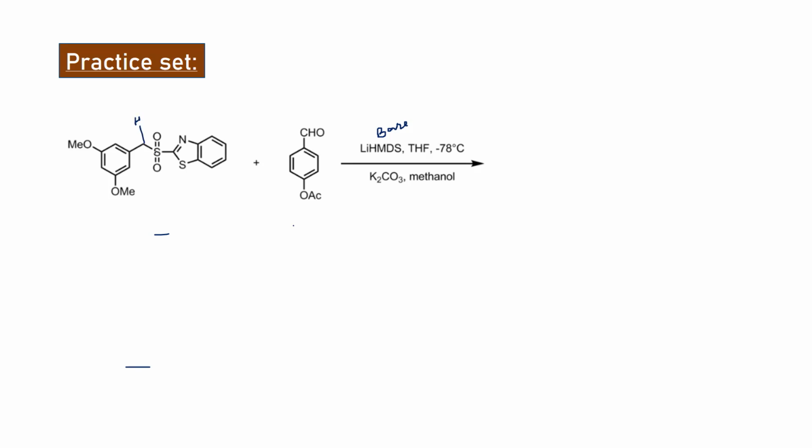A proton adjacent to the sulfur is highly acidic because of the stability of the carbanion through the vacant d orbital. We have already said. So this base will take this proton and it generates this. If I show this as Ar.